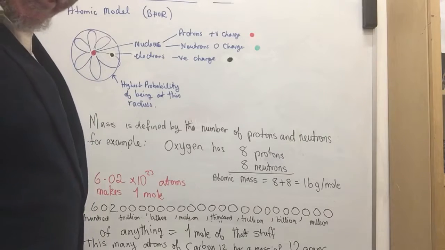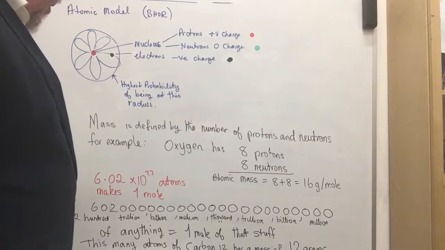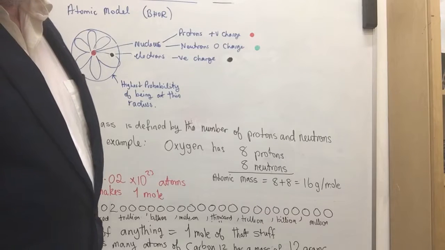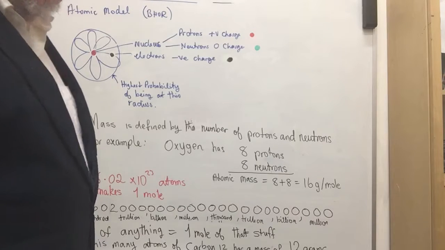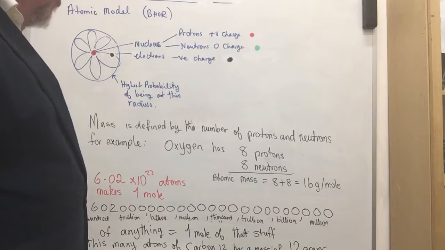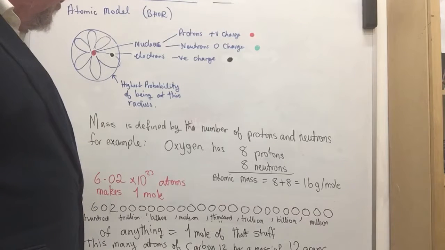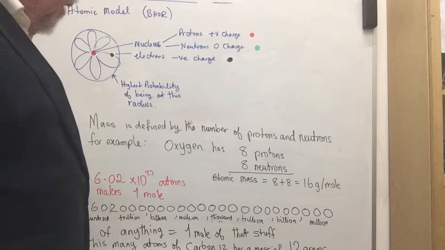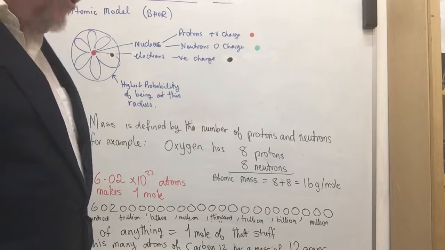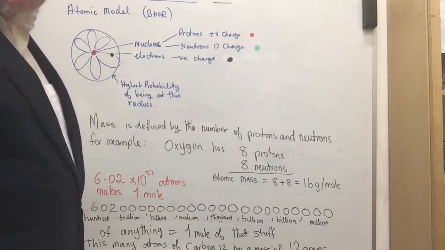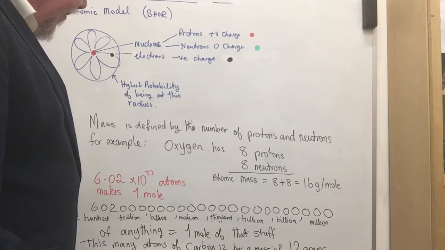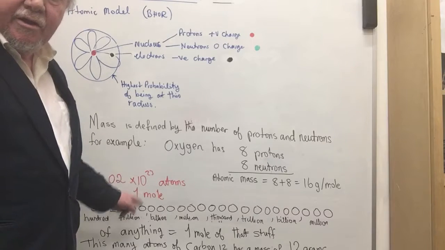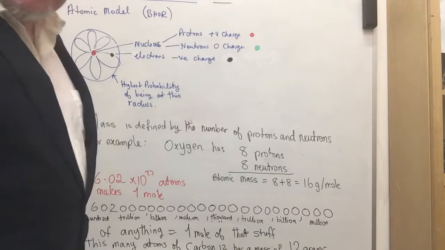So if you put it on a scale, it would read 12, and it was made out of carbon 12. In other words, carbon 12 being 6 protons and 6 neutrons. If it was made out of just carbon 12, then it would weigh 12 grams for this many of those atoms.